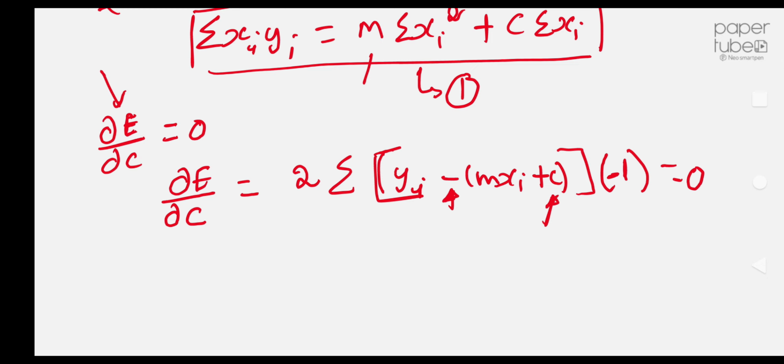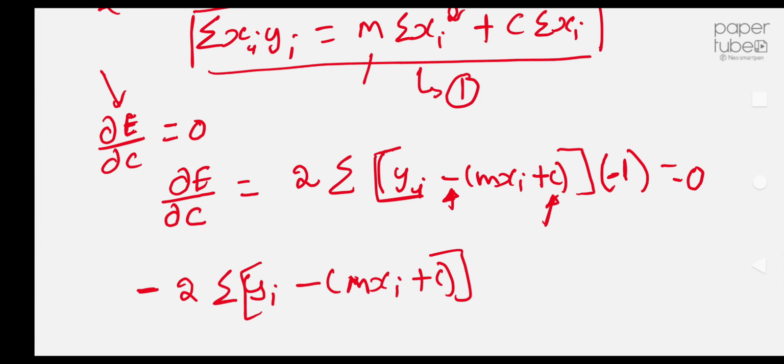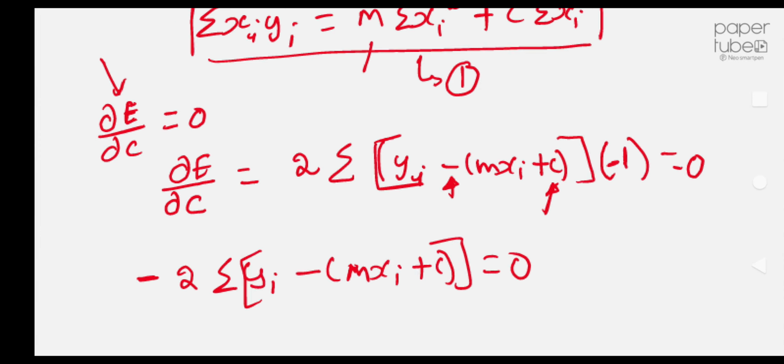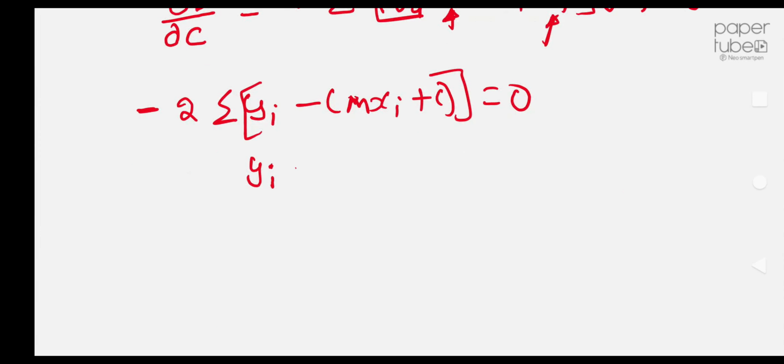So how do you expand this equation? 2 times the summation of y of i minus (m x of i plus c), with the minus sign, so minus 2, equals 0. This can be simplified as the summation of y of i minus m x of i plus c. This whole term is equal to 0.